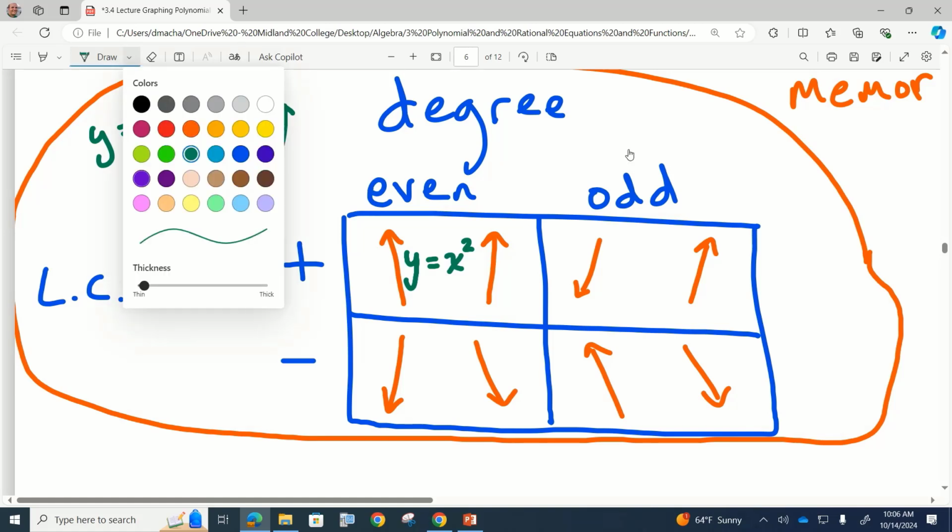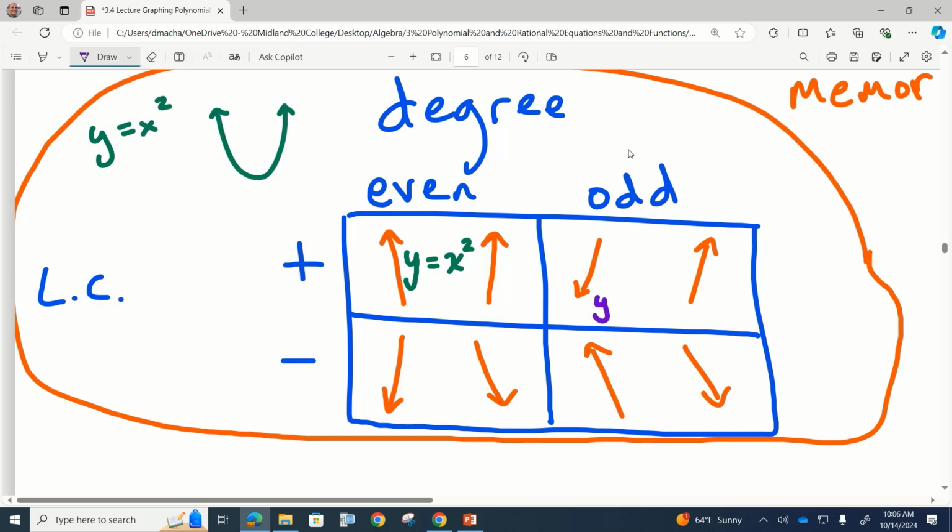And then the other thing you would want to remember is, what is the simplest function that has an odd degree and a positive leading coefficient? y equals x. And y equals x is a line.